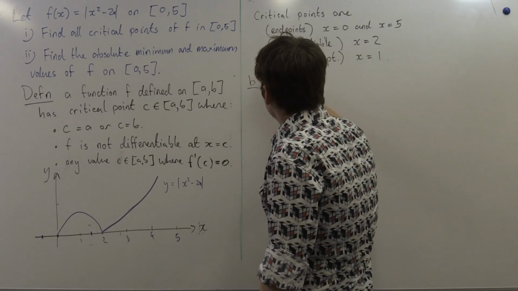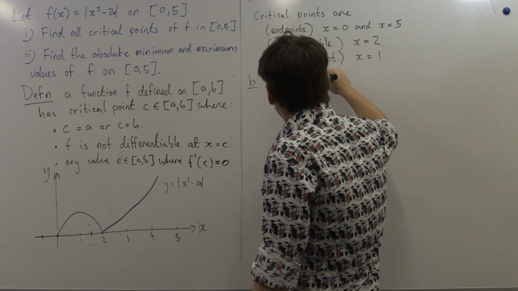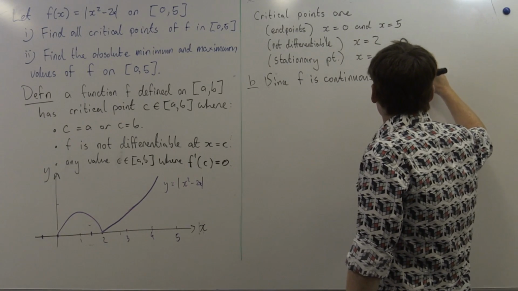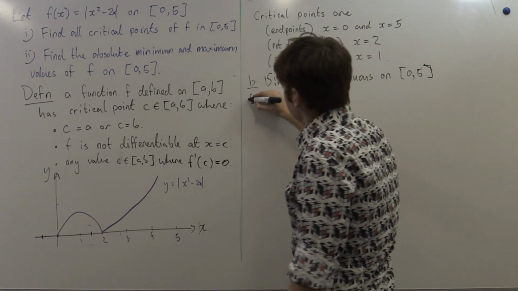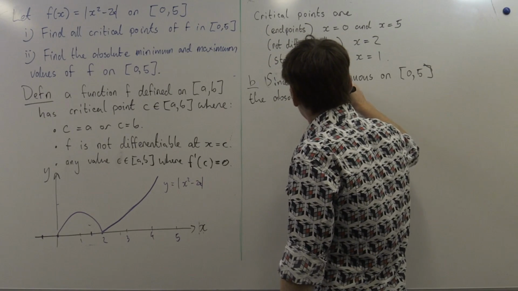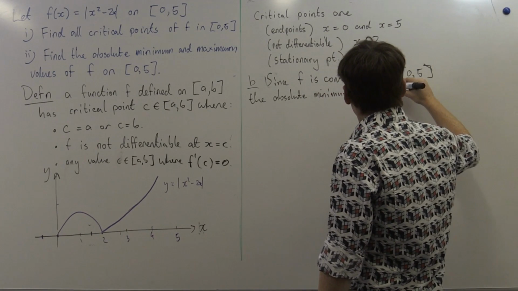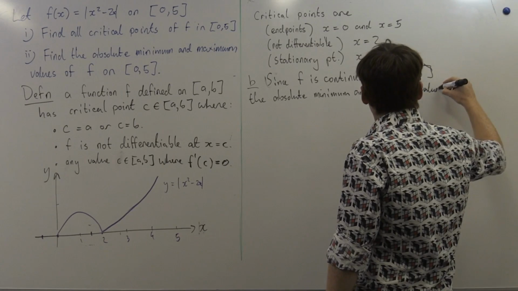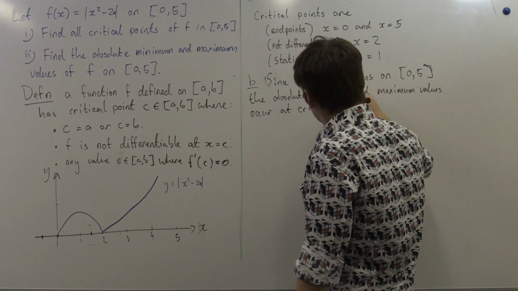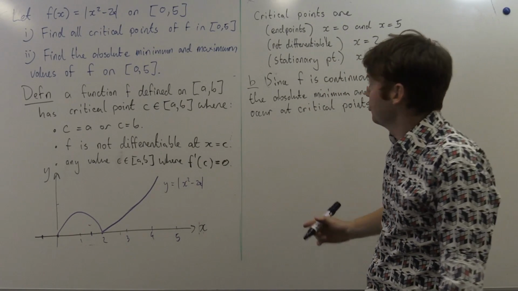So for part B, since f is continuous on 0 to 5, the absolute minimum, so all I need to do is check what f does at the critical points.